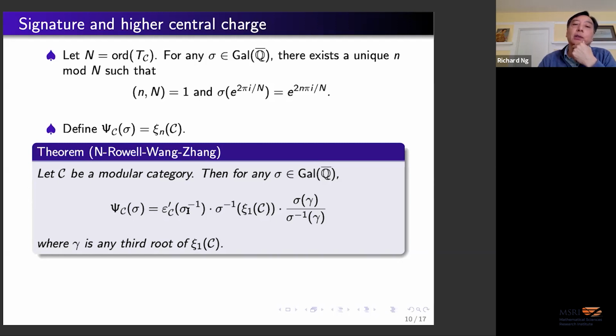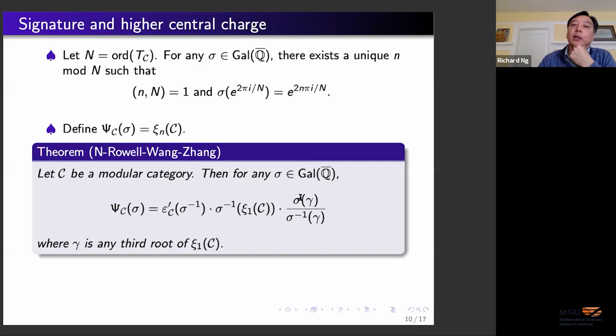The first component is epsilon prime, the global dimension signature of C, applied to sigma inverse. The second one is the Galois conjugate of the first central charge of C. The third one is a bit ambiguous if you're not used to it: gamma is any third root of the first central charge of C.